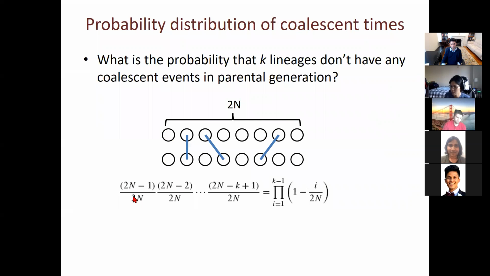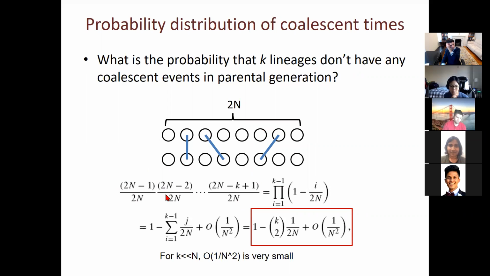That's basically the probability of not coalescing for the first one, not coalescing for the second one, and not coalescing for the kth one, which is the product from i=1 to k-1 of (1 - i/2n). So that's simply, I have n chances of coalescing, I don't meet any one of them. That's basically the chance of not coalescing.